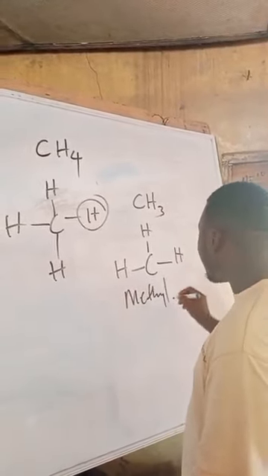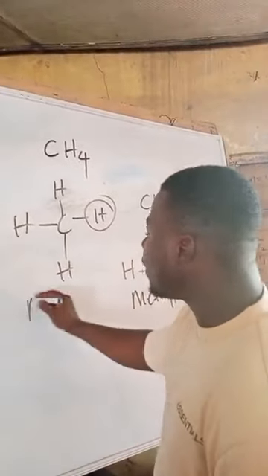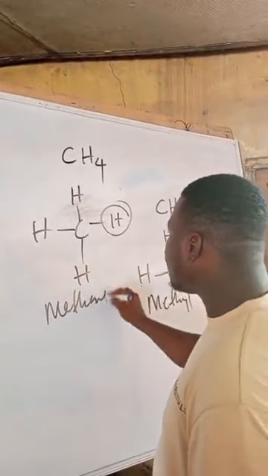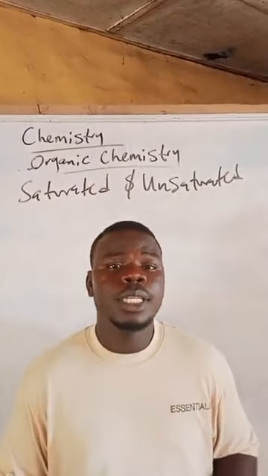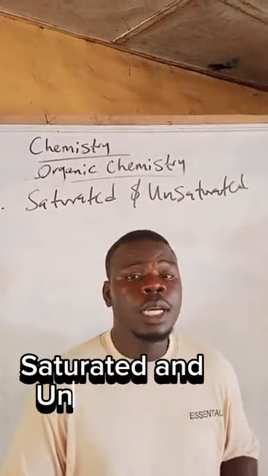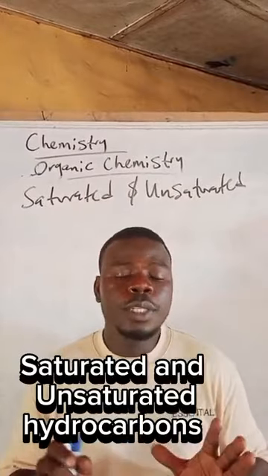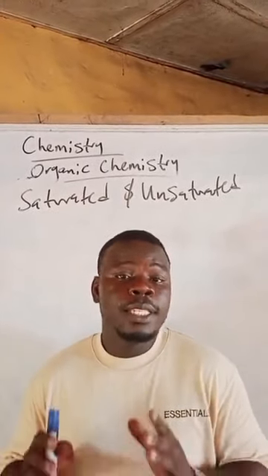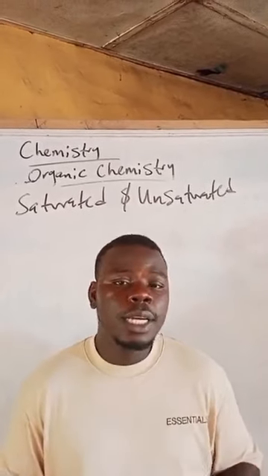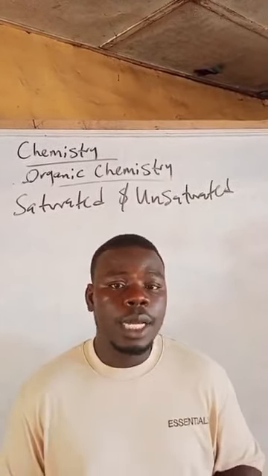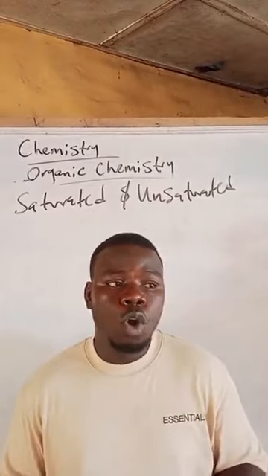This is methane, and this is methyl. So the next terminology is saturated and unsaturated hydrocarbon. Now note, for you to know this definition very well, saturated hydrocarbons are attached by a single bond. Then unsaturated hydrocarbons are attached by either a double bond or a triple bond.